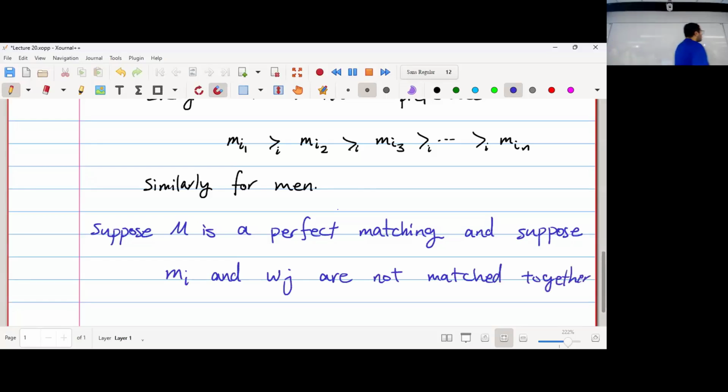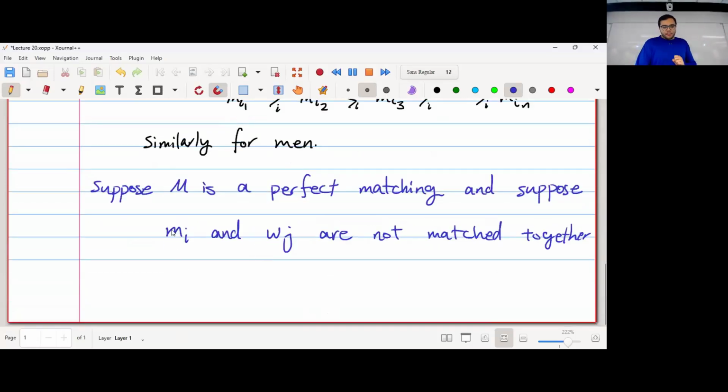So Mi is matched to another woman, and Wj is matched to another man. We say this matching is unstable if Mi prefers Wj to his wife and Wj prefers Mi to her husband. If this pair prefer each other to whoever they're matched to, that's called an unstable marriage. And basically what happens is they get divorced and they marry each other, right?